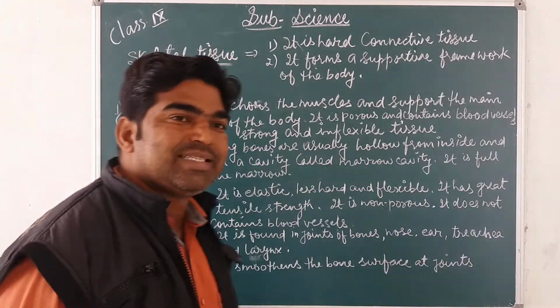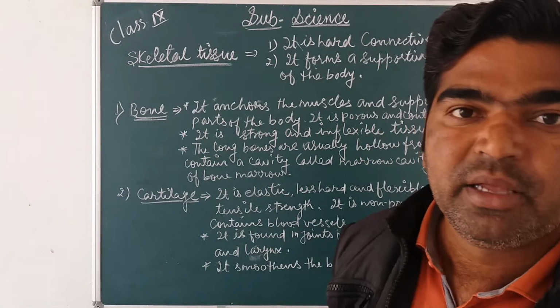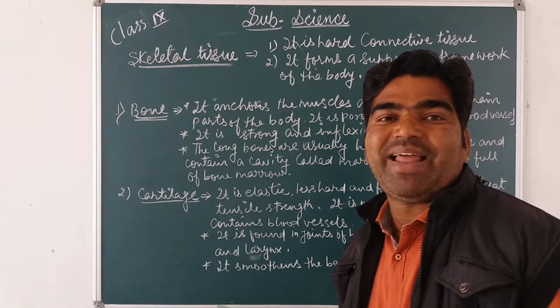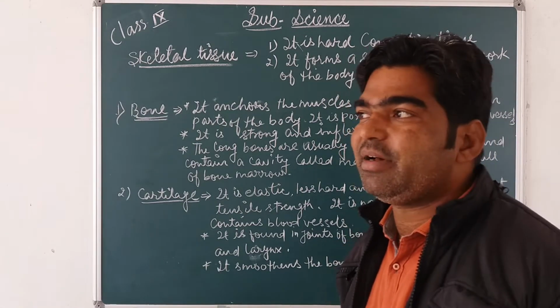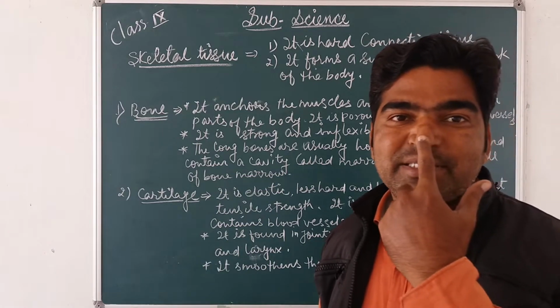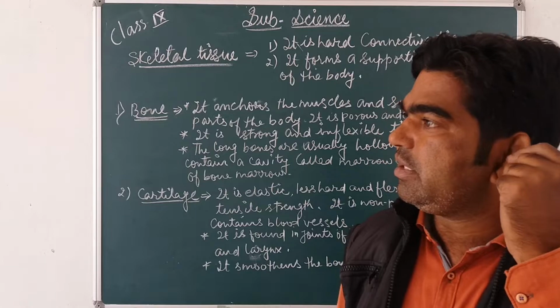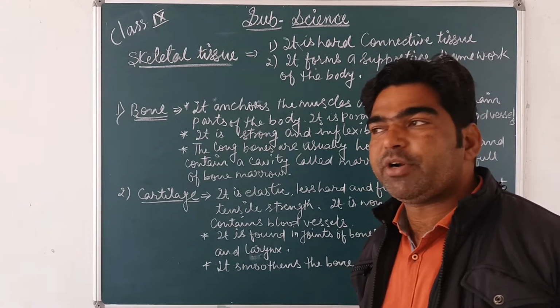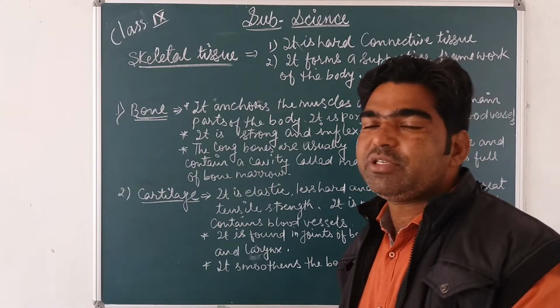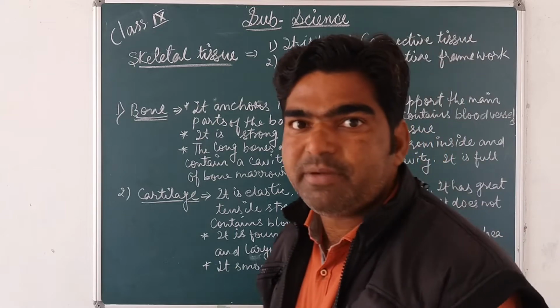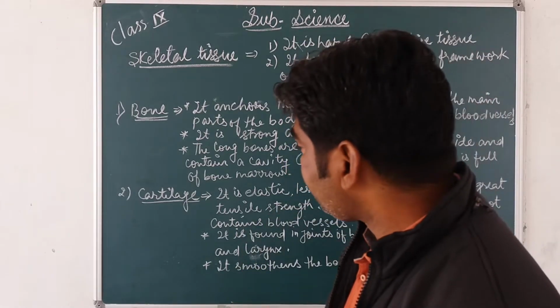Now second, the skeletal tissue is cartilage. Cartilage is flexible, not as hard, tough and stiff as bone. You can see the nose, the ear pinna, and the windpipe or trachea. All these parts are made up of cartilage. Cartilage is flexible compared to bone.